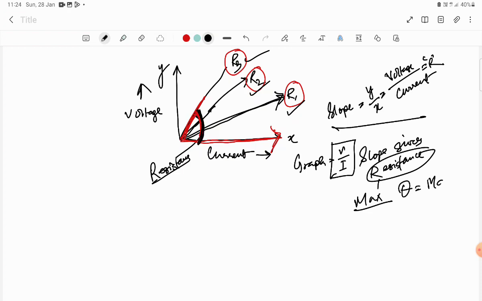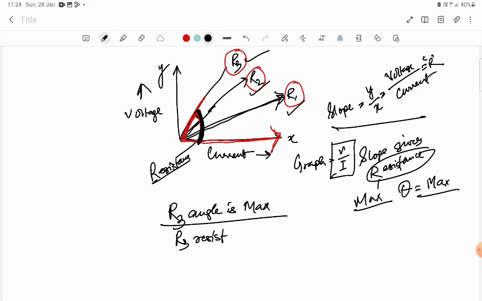You can say theta is max. This angle is higher. So here we can clearly see that R3's angle is maximum. So R3 resistance will be highest.